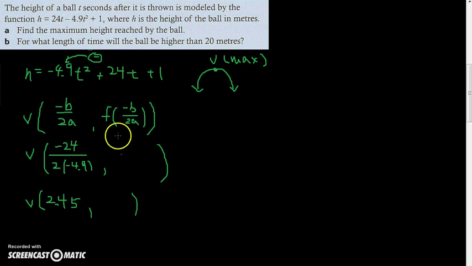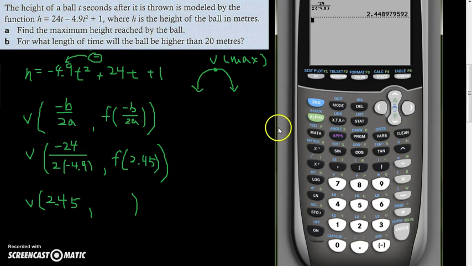Now, to find my y coordinate, all I have to do is substitute my 2.45 into my original equation, in this case the height. I could use the standard form equation I have there.